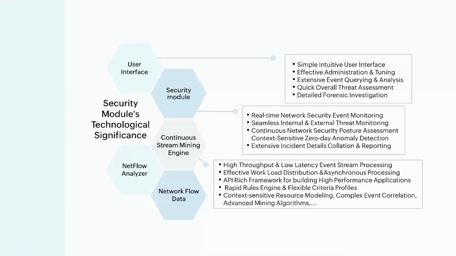With this, you can detect internal and external threats, zero-day intrusions, and find extensive incident details, correlation, and reporting. By leveraging flow data, it offers a deeper and more dynamic understanding of network activity compared to traditional methods. Besides empowering network security teams to identify hidden threats and anomalies within traffic patterns, it also helps in faster mitigation in case of any network distress.